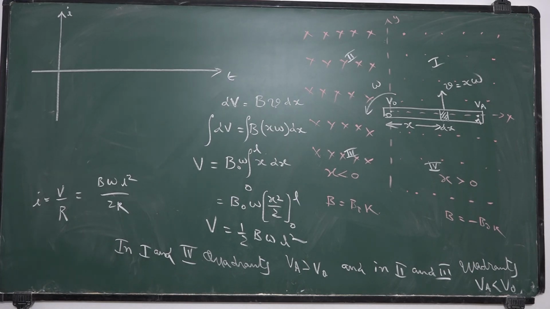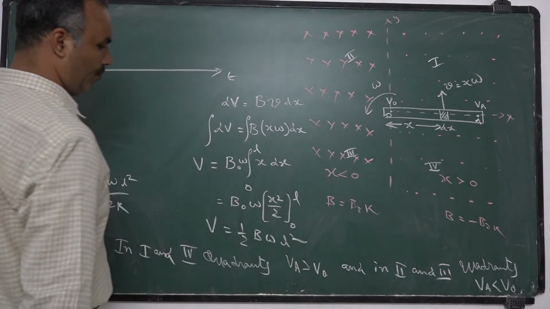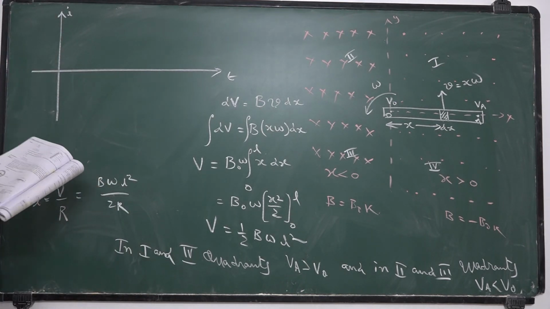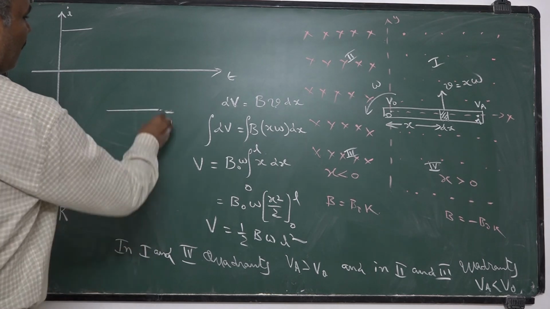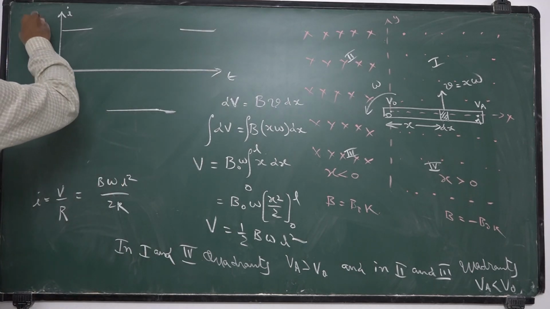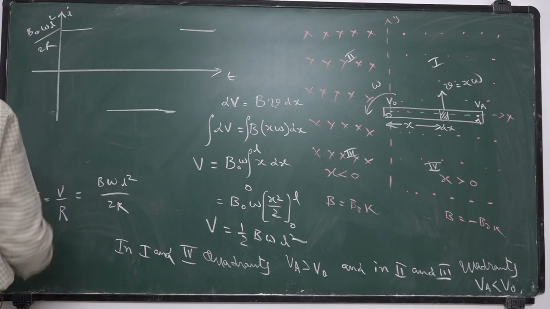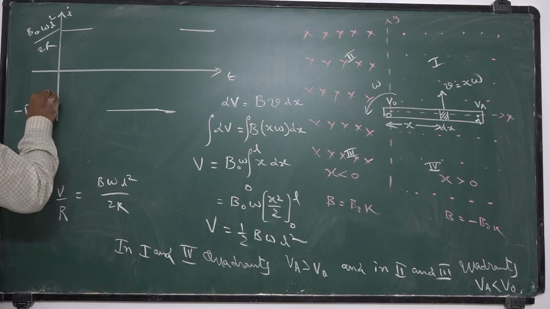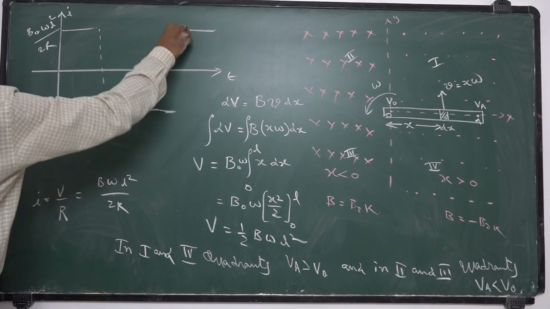So the induced potential difference will have different scenarios, hence the current also can have different directions. So in the first quadrant it is positive, in the second and third quadrants it is negative, and again in the fourth quadrant it is positive. So the maximum value is B naught omega L square by 2R. The negative value is also the same, minus B naught omega L square by 2R. It is like this.